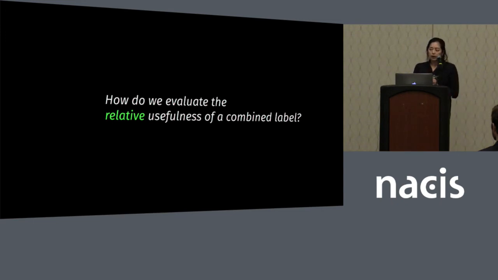A combined label is going to take up more space on your map, so you're giving it more real estate, and you want to make sure that it is the most useful information to add. For example, that larger label might be blocking out another label for a different feature, so now you're showing fewer features on the map. So is that more beneficial?